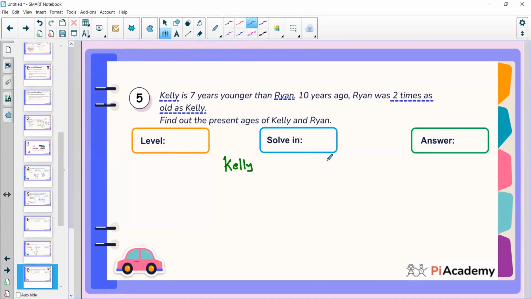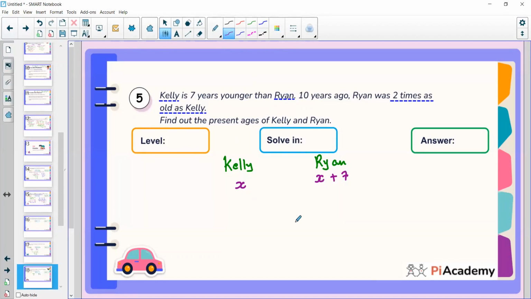One is Kelly, one is Ryan. Then you've also been given the comparison. So suppose Kelly is x years old, how old is Ryan? Kelly is younger than Ryan. That means Kelly's age is less than Ryan's. So Ryan would be 7 years older than Kelly, making Ryan's age x plus 7. So you got Kelly's age as x, Ryan's age as x plus 7.